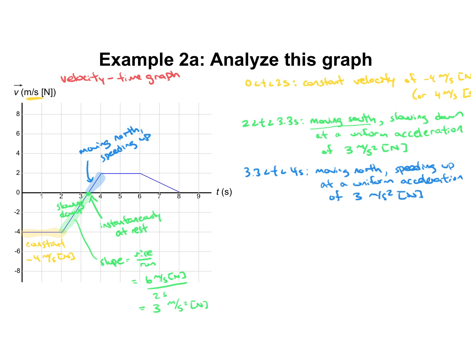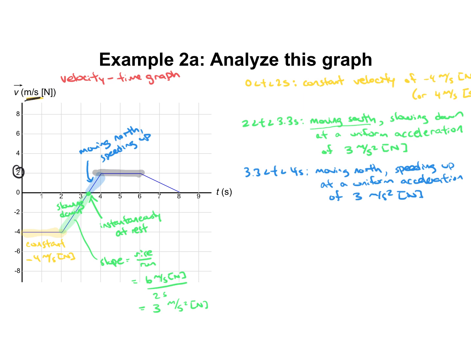Okay, the next segment is a horizontal segment. So that is constant. Constant what though? This is a constant 2 meters per second.